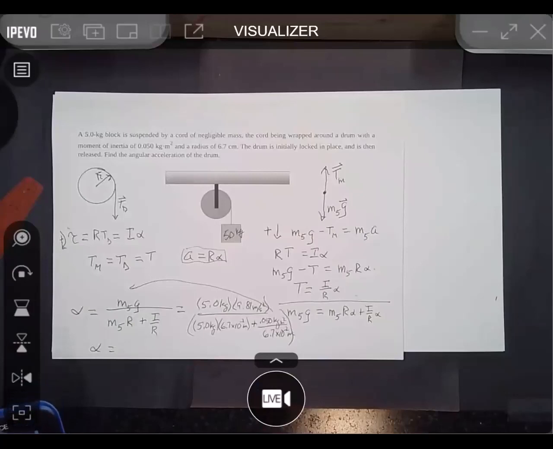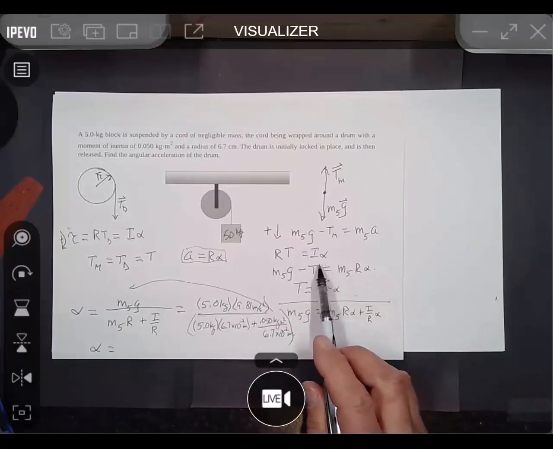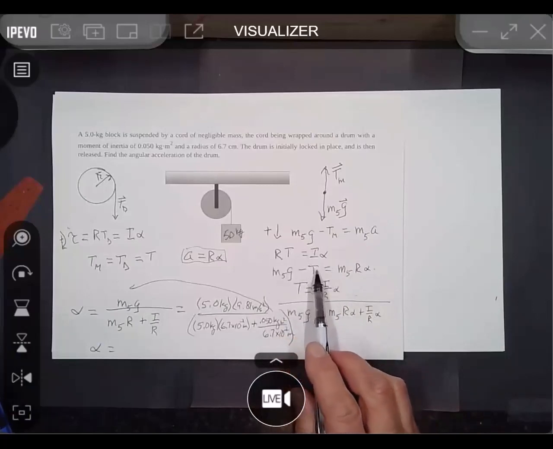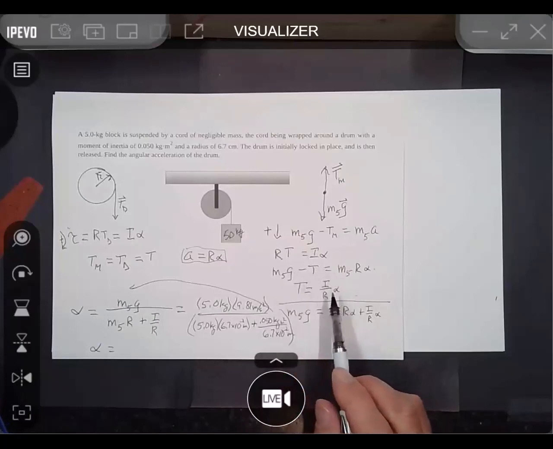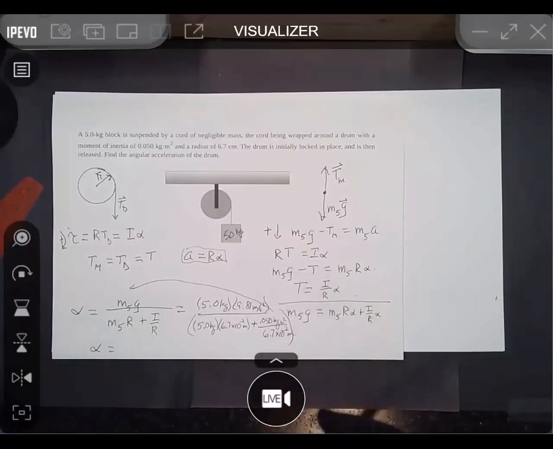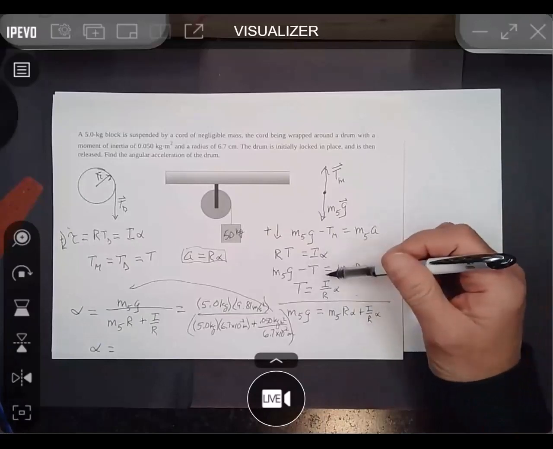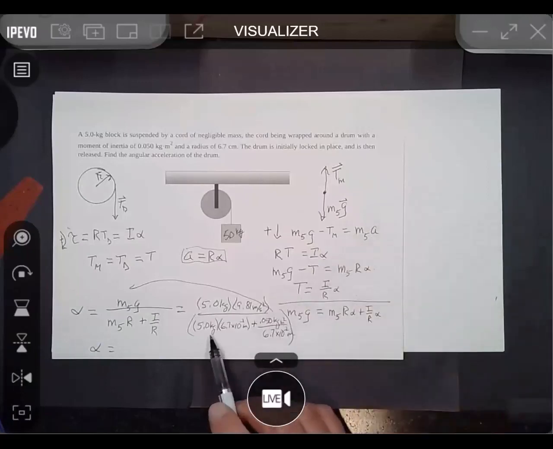And I hope I didn't punch anything in wrong. Let's see. I'm getting an odd, strange, large number here. Five times 6.7 times 10 to the minus 2.